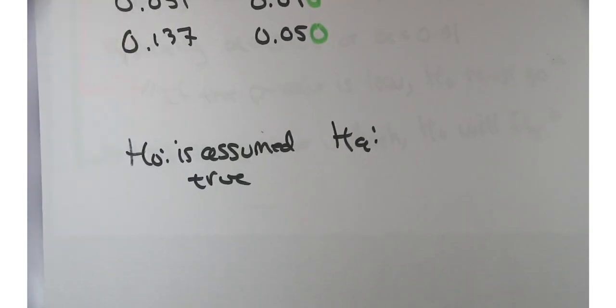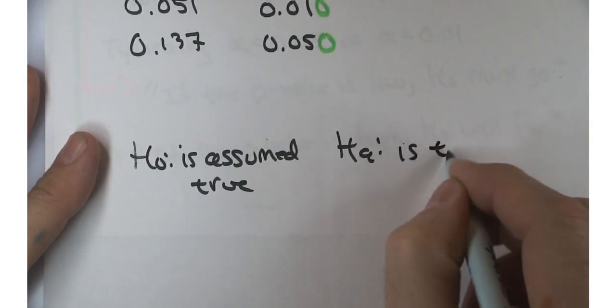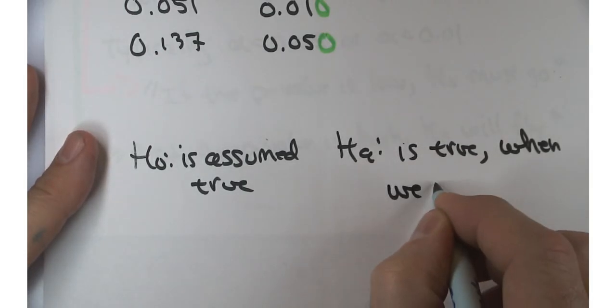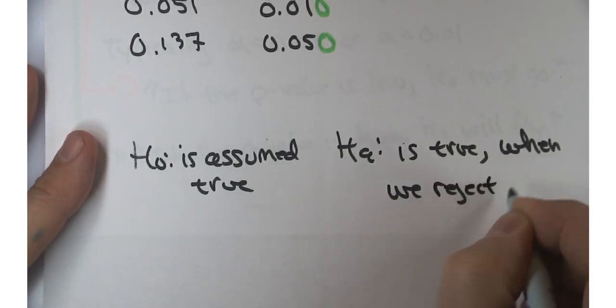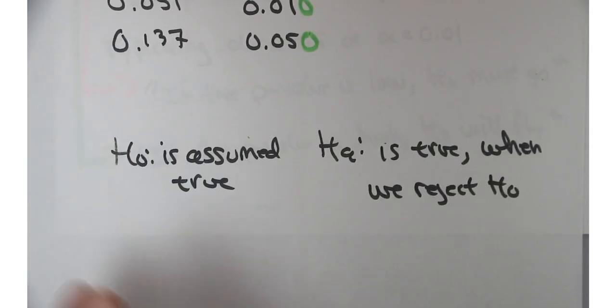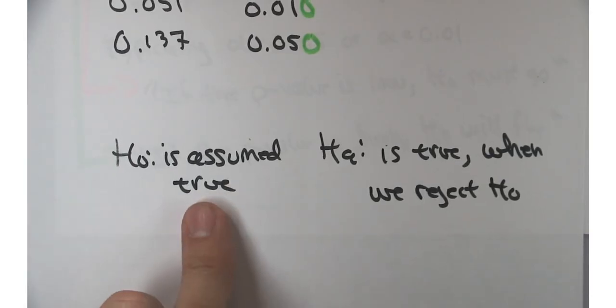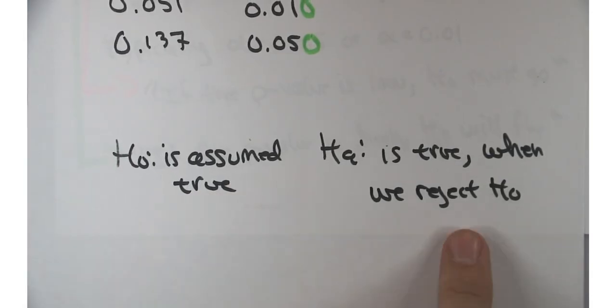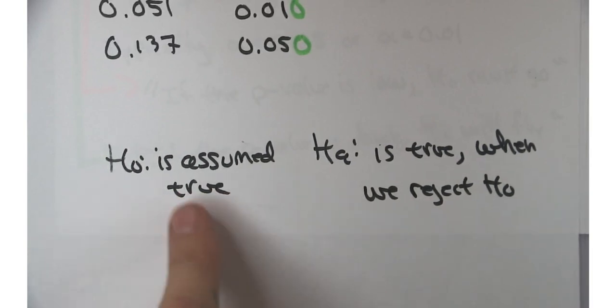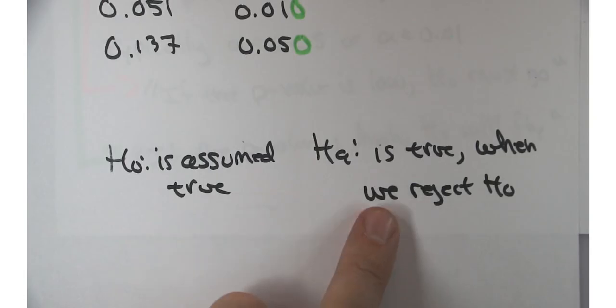It's what's true if we reject H naught. So in a lot of ways, it's like a jury trial. You're presumed innocent until proven guilty. So you've got to have enough evidence to reject H naught before you can conclude that, yeah, we think he's guilty, or we think that the alternative hypothesis is true.